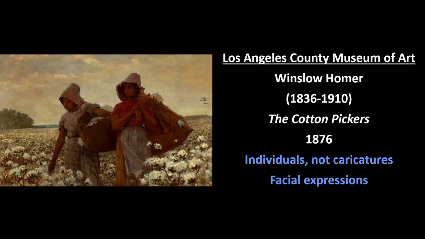And again, noteworthy that he's depicting these two subjects as individual people and not as caricatures. That may not seem all that surprising in 2025, but back in 1876, there unfortunately were a lot of depictions of not just African Americans, but other racial groups in very caricature ways, whether they were Asian or Hispanic or Native American.